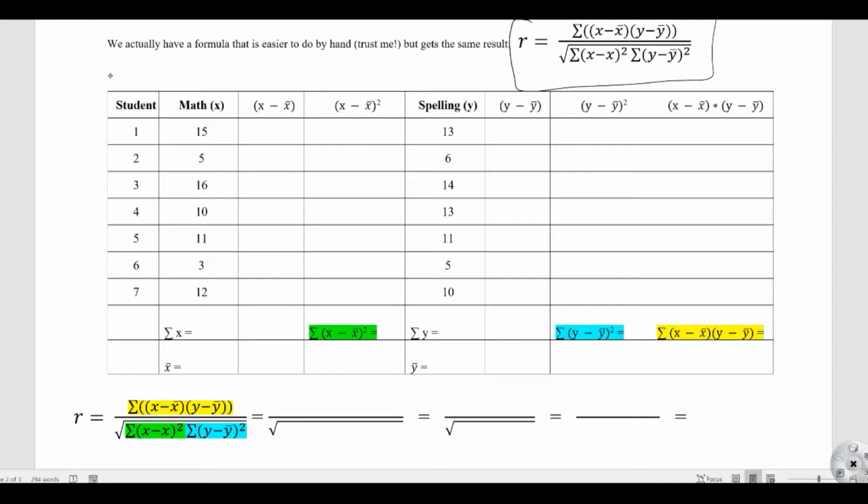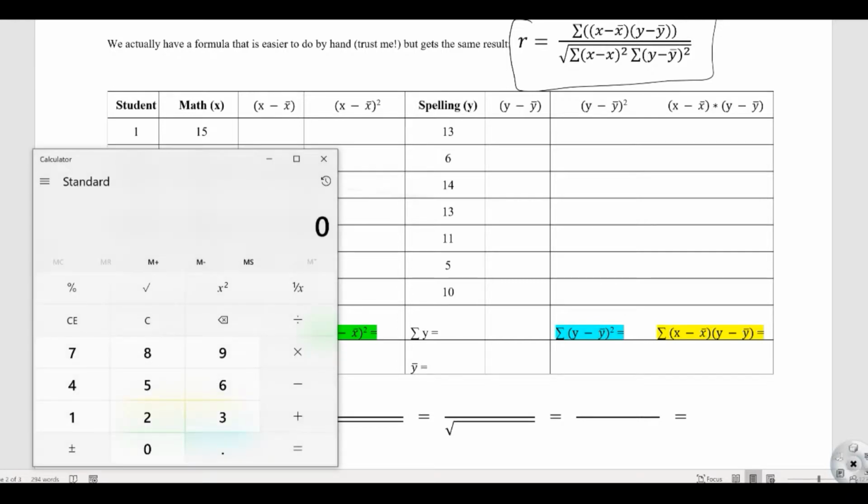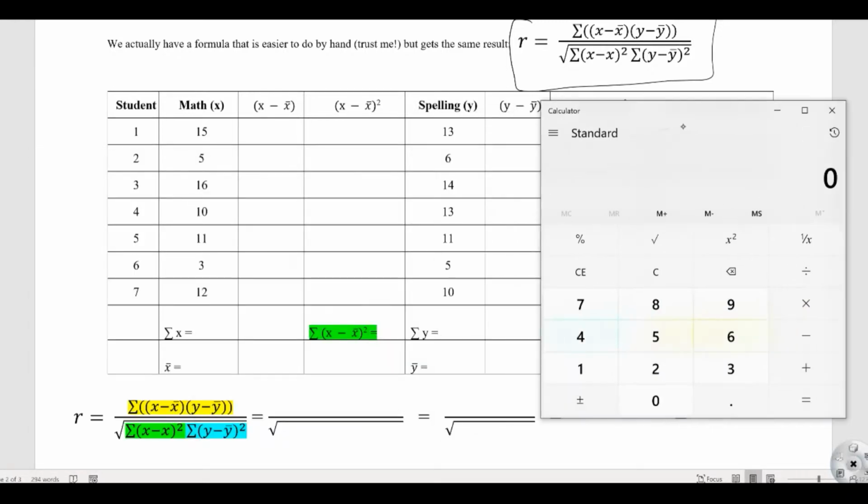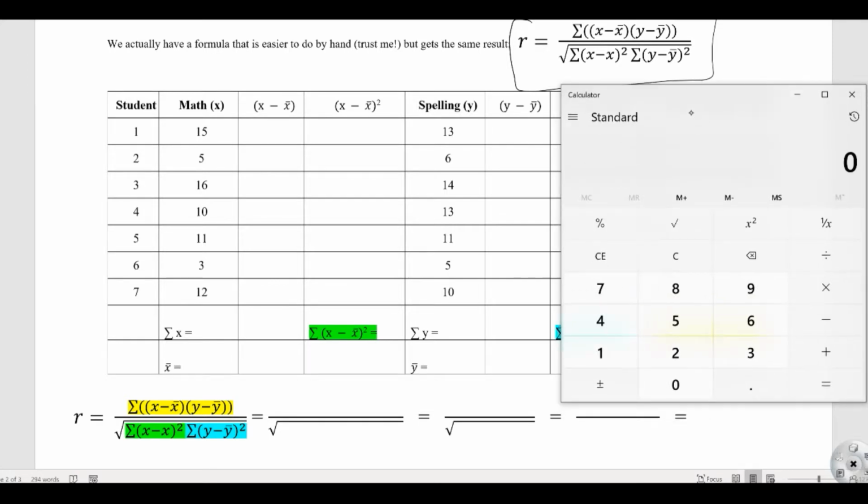So I'm going to pull up my calculator over here. All right, so I'm going to add these all up first. 5 plus 16, 10, 11, 3, and 12.